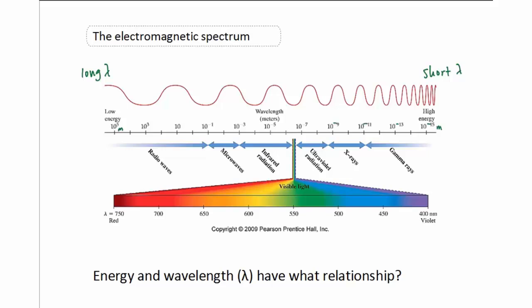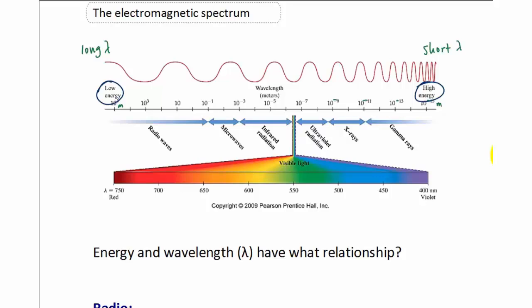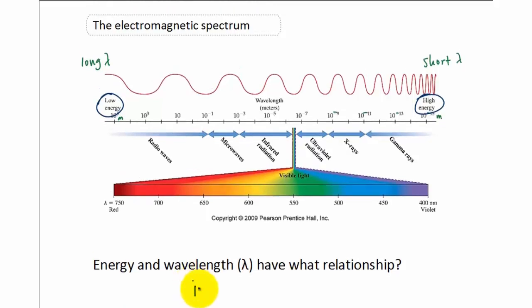But now this chart also shows us the relative energies of those different types. So the side here with the radio waves, those are the lowest energy forms of electromagnetic radiation, where gamma radiation, gamma rays, are up at the high end. So this relationship between energy and wavelength is an inversely proportional relationship.